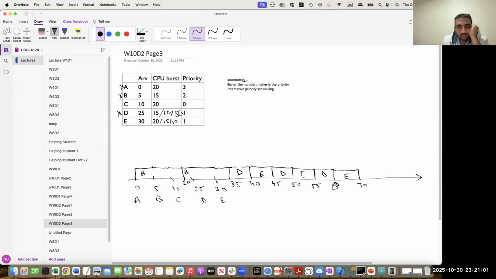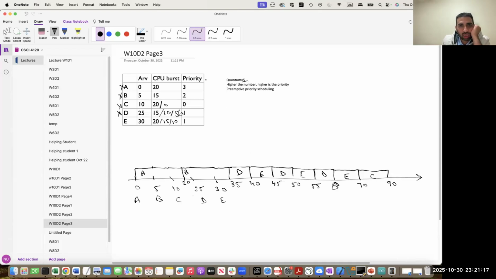After that, only C is left, and it finishes at 90.